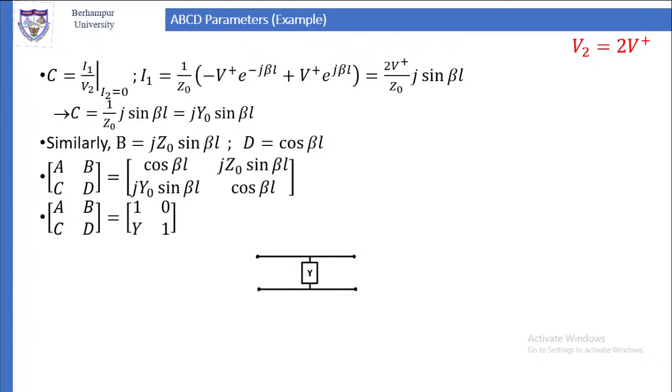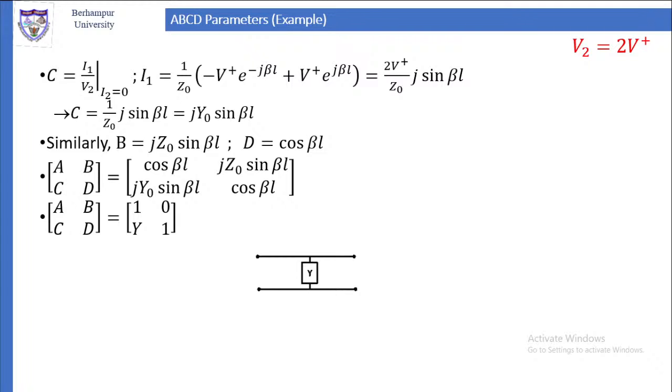Now, if we take an admittance instead of impedance, an admittance which is shunted. When you consider impedances, always we consider series connections.